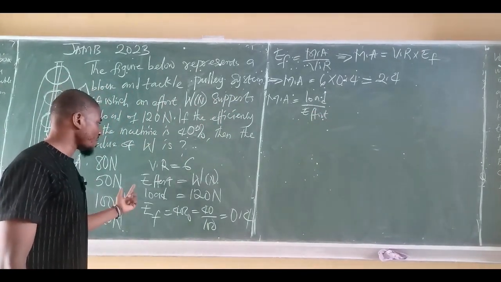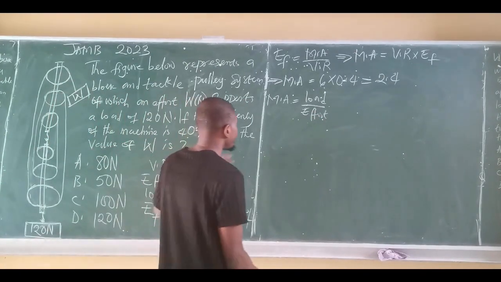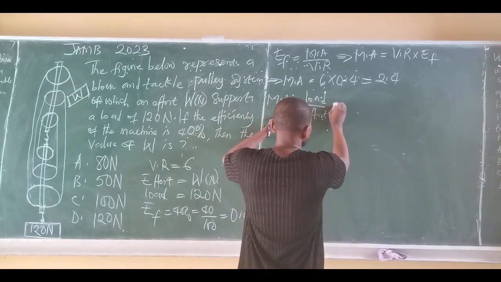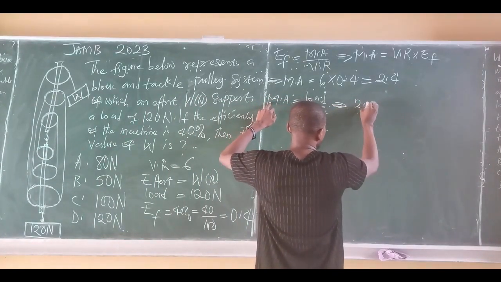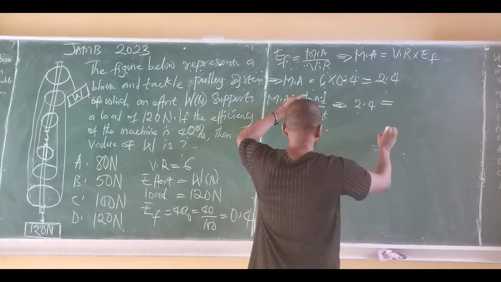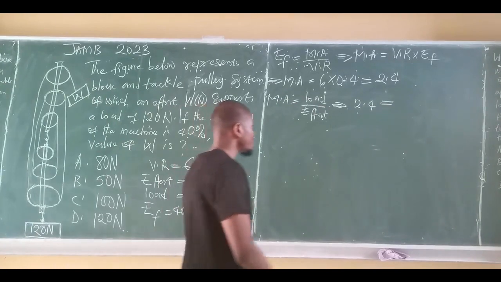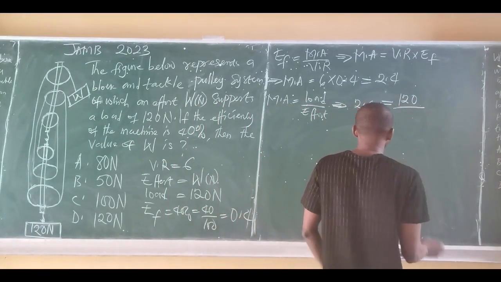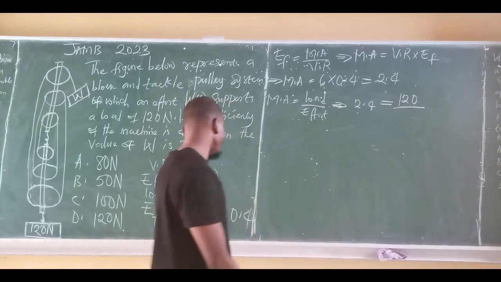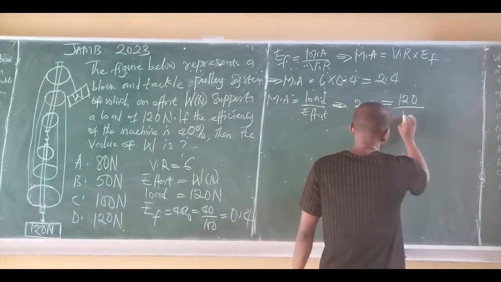We're given the load and we have to find the effort, and the effort is W. So the mechanical advantage has a value of 2.4, and this is equal to the load, which was given to us in the question as 120 newtons, divided by the effort. The effort was given as W newtons. So divide by W.